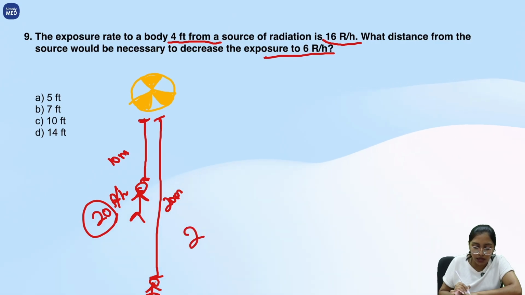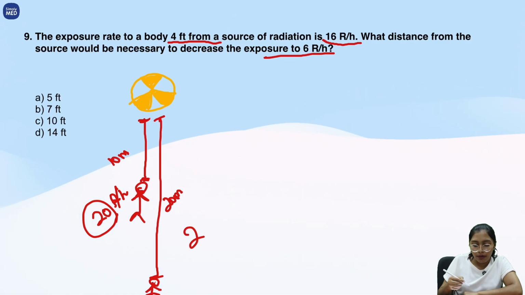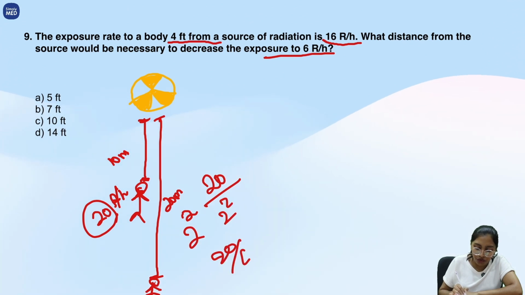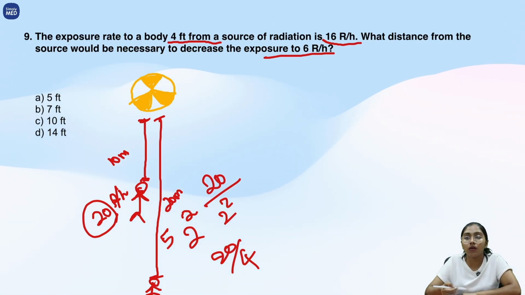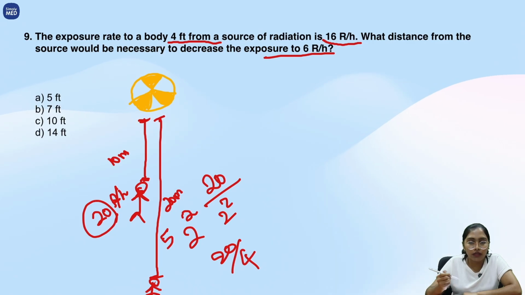So now the radiation exposure will be reduced by the square of this 2. That means 20 by 2 square, that is 20 by 4, which is 5. So when the person increased the distance from 10 meters to 20 meters, his radiation exposure reduced from 20 to 5. So that is what this inverse square law means.